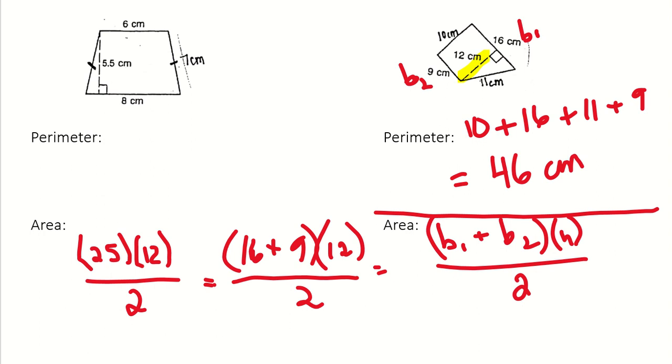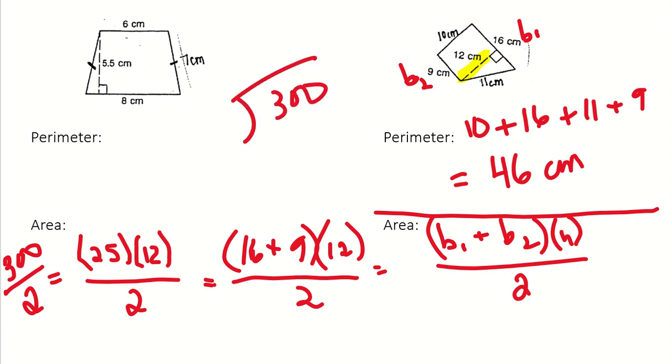Now I will do 25 times 12, which happens to be, just because I've worked this out previously, 300. And then 300 dividing by 2 is the final piece. That's going to be 150. 300 divided by 2 is 150.